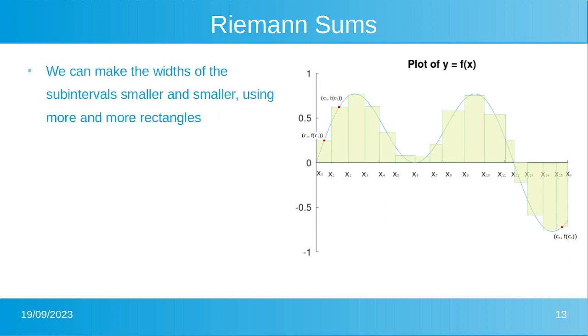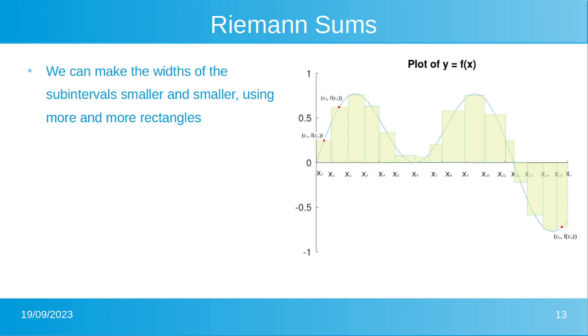So what we can do is make the widths of the subintervals smaller and smaller, using more and more rectangles. And we're going to do that now. If we have a look at the plot on the right hand side, you can see that right now we've got the partition that we had previously.